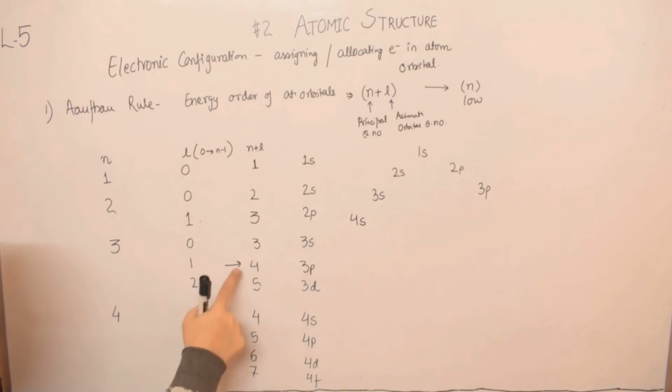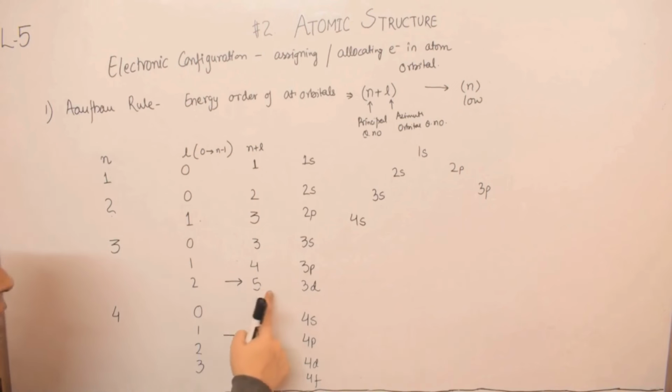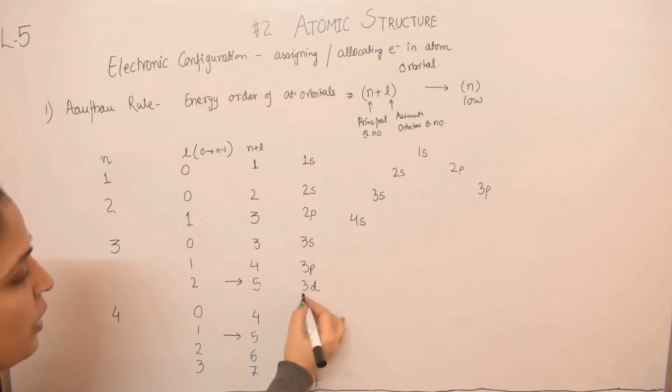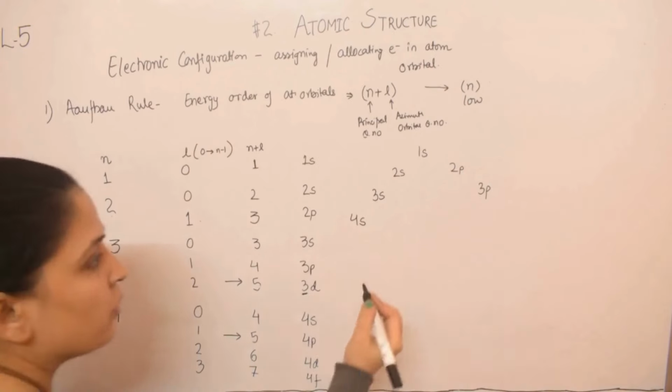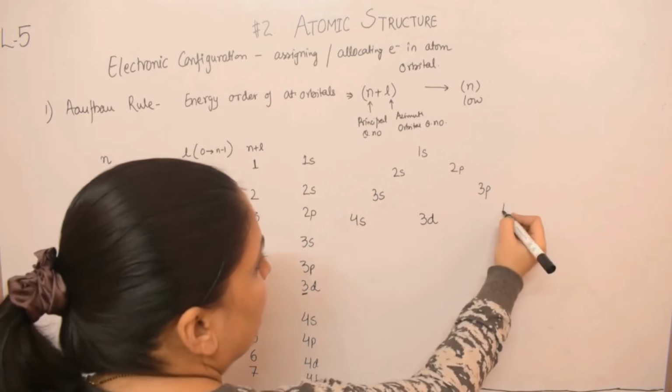Now coming to number 5. 5 is here, 5 is here. So these two values are the same, so we will consider the n values of 3d and 4p. Since 3d has a smaller n value, this will be filled first. So this is 3d and then 4p.